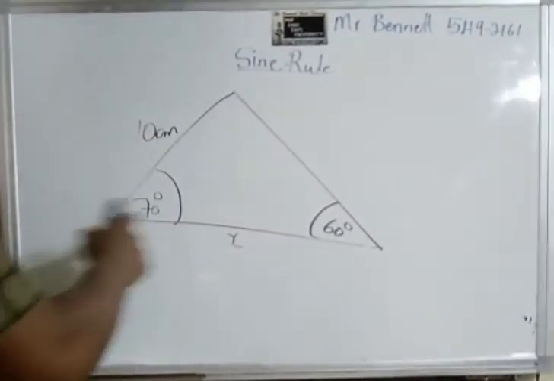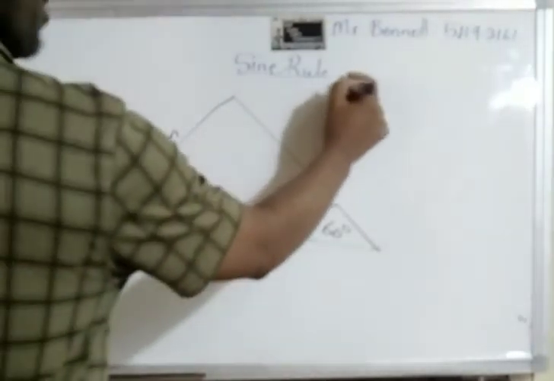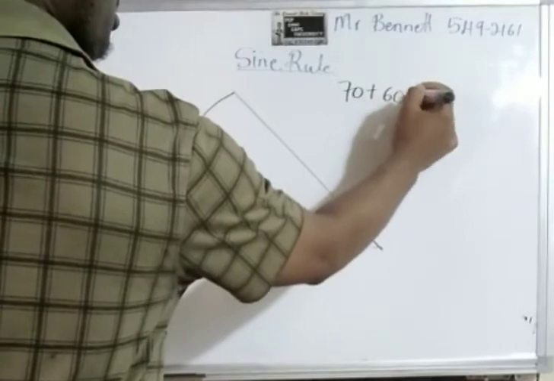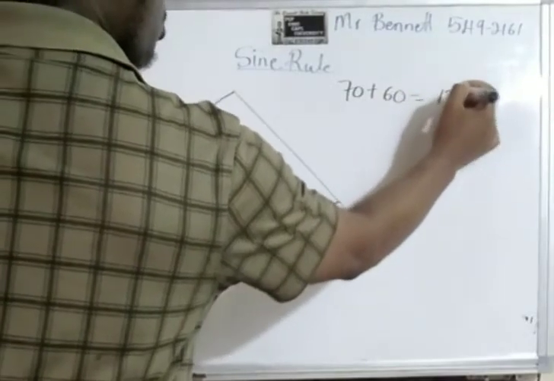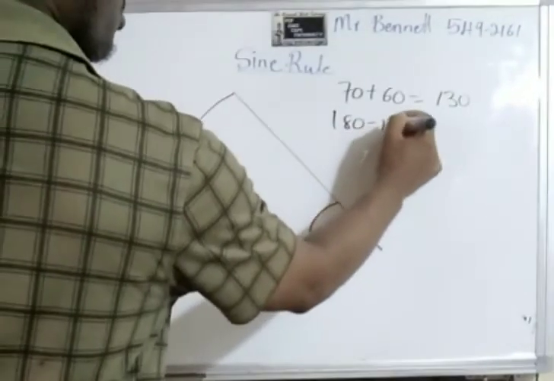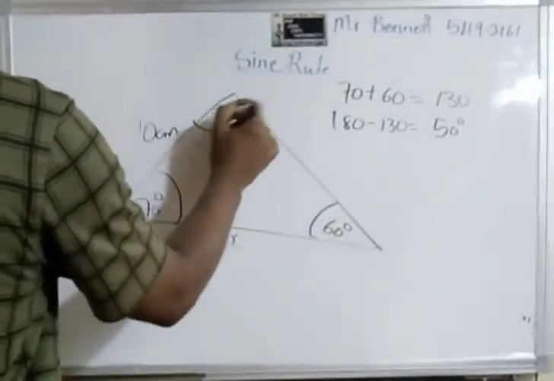We know that our triangles add up to 180 degrees. So therefore 60 plus 70 equal to 130. So it will be 180 minus 130, which is equal to 50 degrees. So I have to work out this. So this will be 50 degrees.